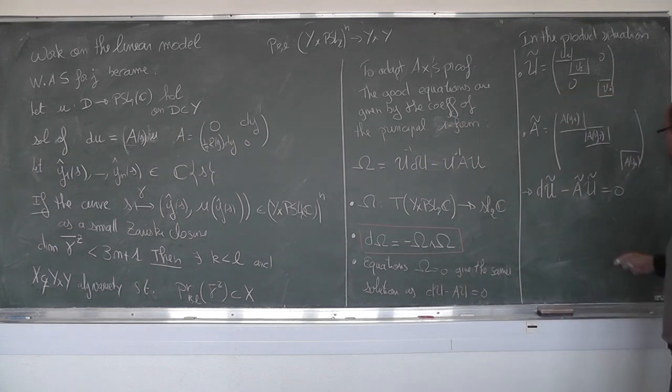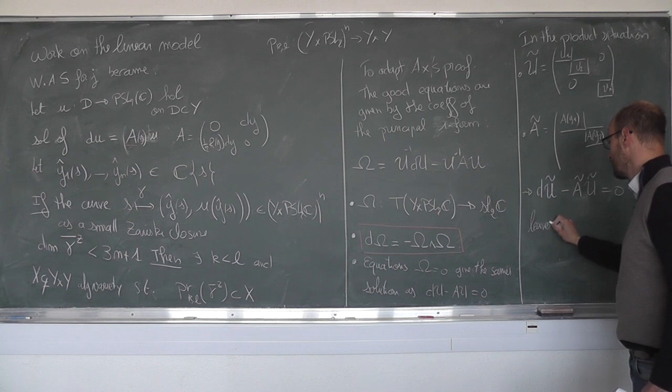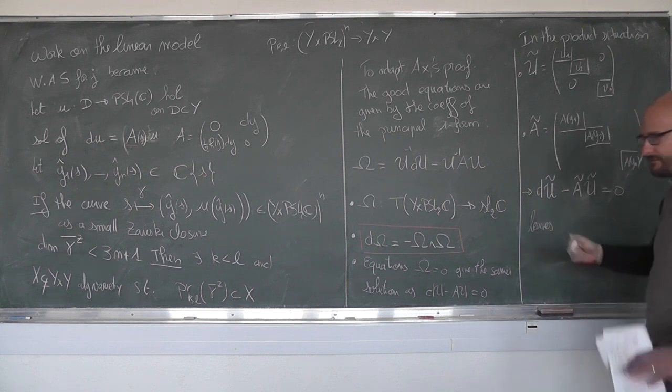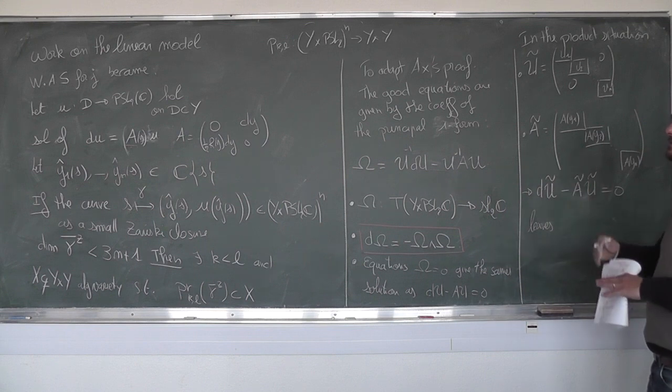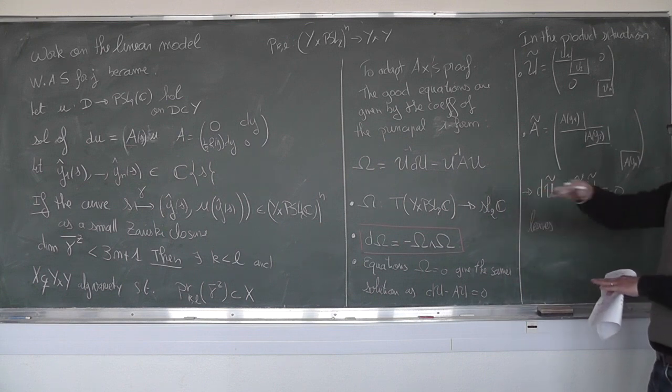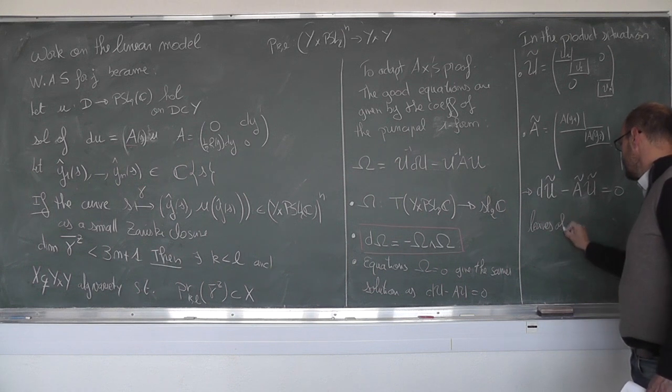So, for instance, the leaves. What I call the leaves are the graph of solutions, or it's not exactly the graph of solutions because it can be multi-valued. So leaves are of this system.